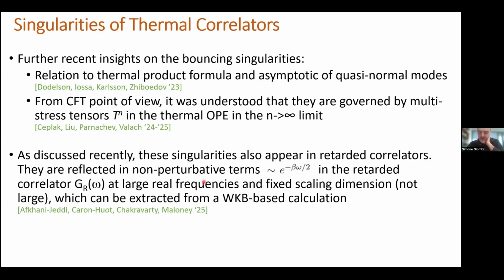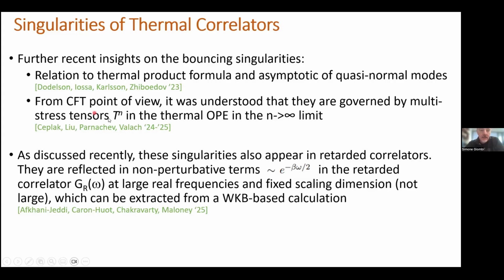These bouncing singularities have been studied also more recently, where a deeper understanding of them has emerged. One direction was these papers where they introduce a thermal product formula that gives the thermal correlation functions in terms of quasi-normal modes, and they show, among other things, how the singularities arise from the asymptotic behavior of the quasi-normal modes.